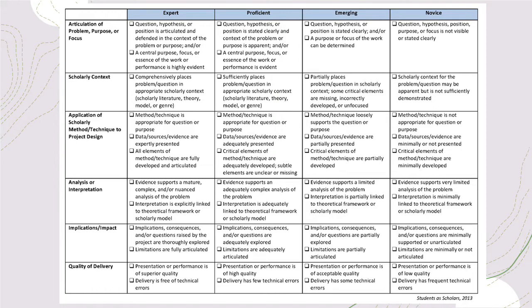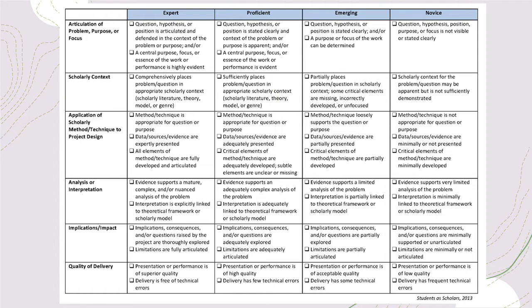If you just move up to the proficient level of performance, you'll see that there's an improvement. The evidence now supports an adequately complex analysis of the problem, and the interpretation is adequately linked to the theoretical framework or scholarly model. And as you see improvement, you can move up into the expert category.